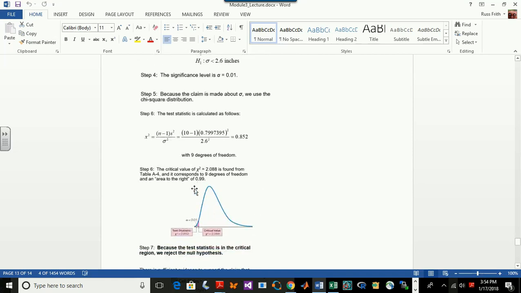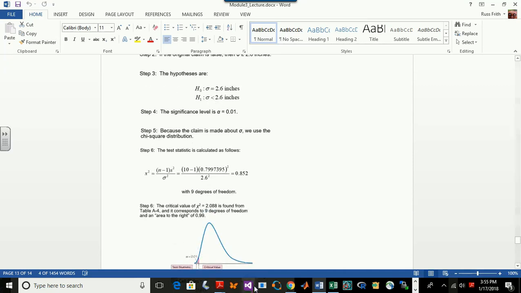Okay, so where does the critical value come from? In Table A4 of your text. In this case we had 10 data elements, so the degrees of freedom is 9, and the alpha value was 0.01, making the area to the right 0.99. So we need the value for a left-tailed test for chi-squared.